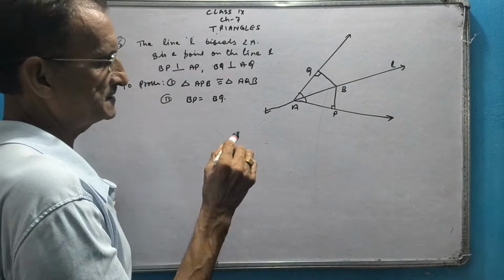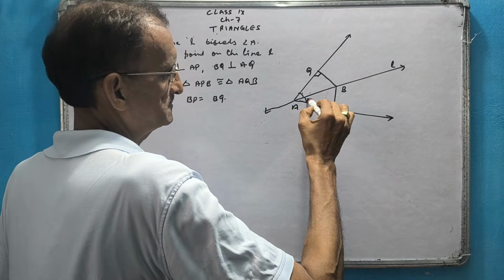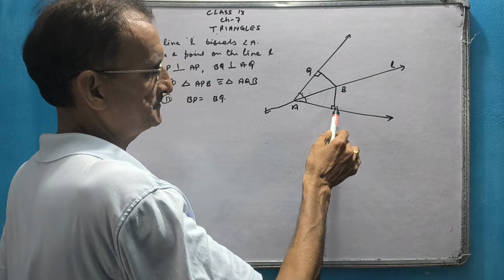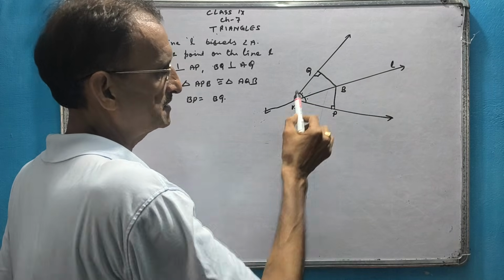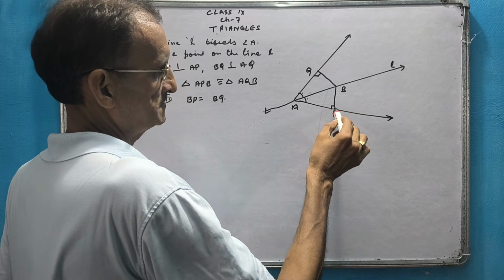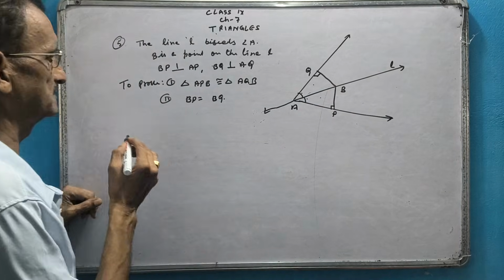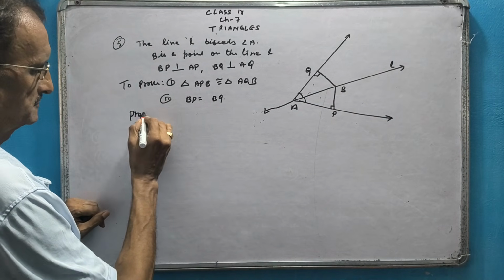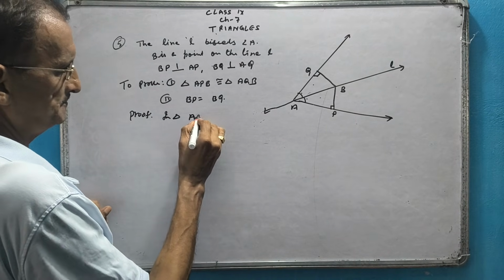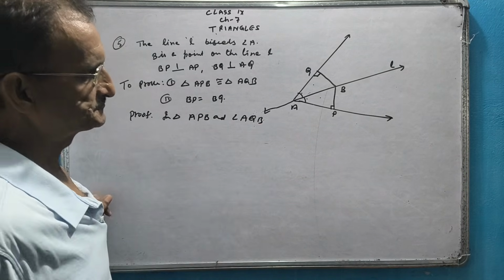See again the given: there is an angle A, the line L bisecting angle A, this angle equal to this angle. There is a point B on the line L, and from B, BP and BQ are perpendiculars on the arms of the angle. So actually we need to prove BP and BQ are equal. For that we need to prove this triangle congruent to this triangle. So proof. In triangle APB and triangle AQB, what do we have?